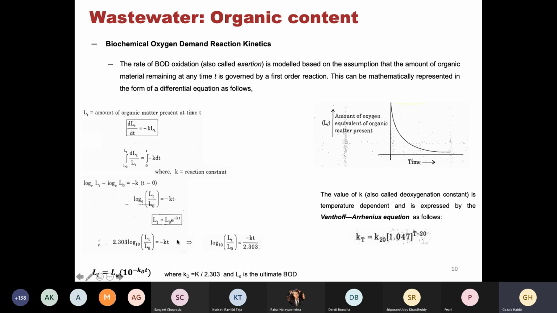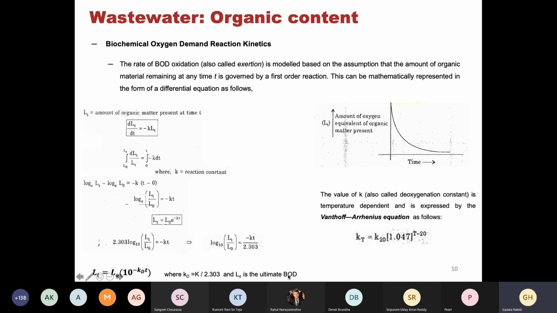I will not go through it step by step. If it's base 10, then 2.303 will come, and this you all know, right? So generally we give Lt is equal to L0 into 10 raised to minus kt, where this k is actually K divided by 2.303.